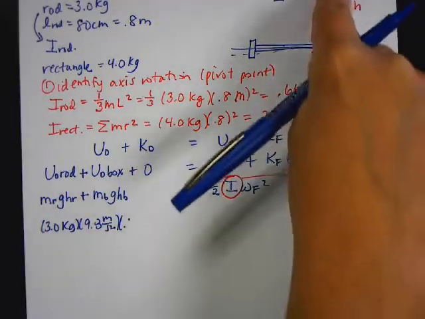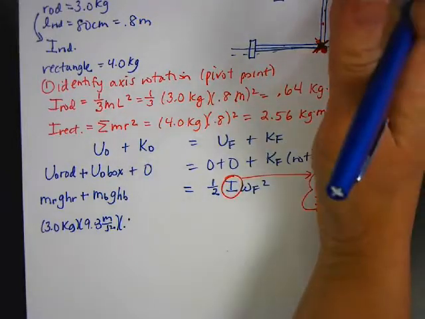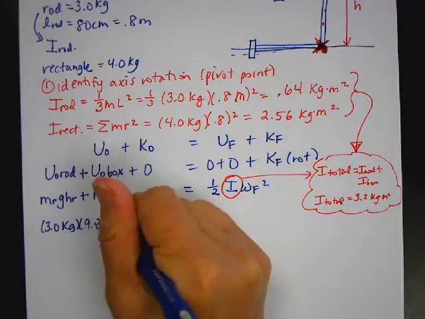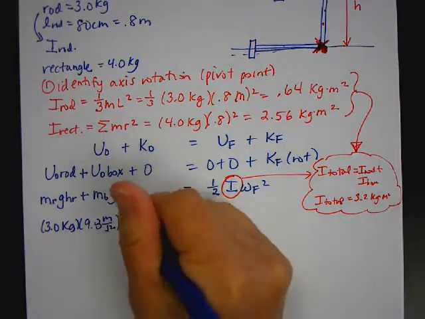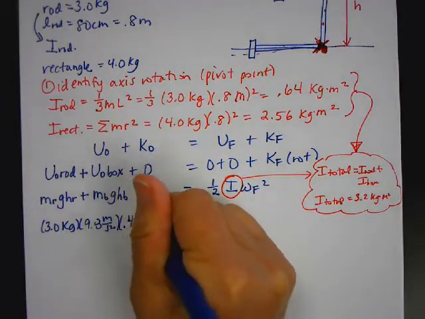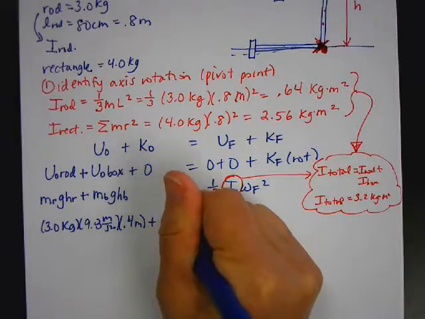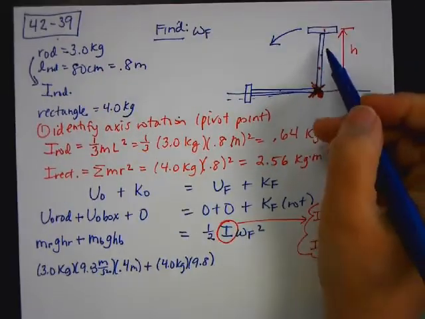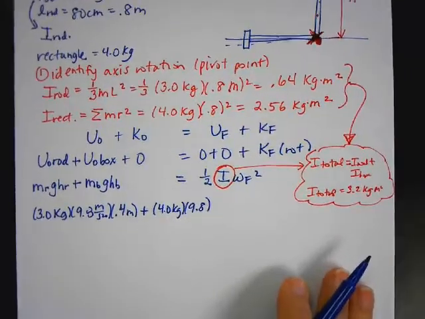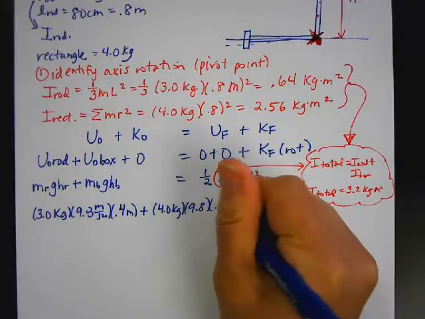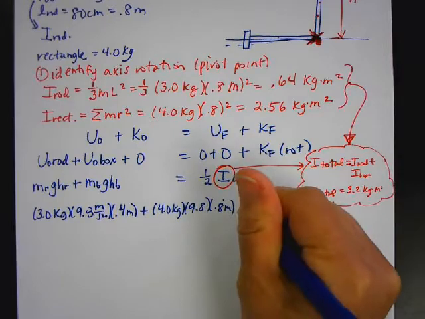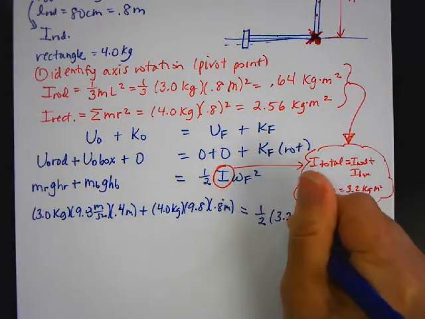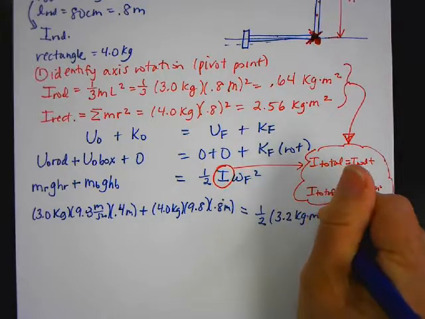Remember, when this is falling, it's acting from the center of mass, so that would be half of that height, which is 0.4 meters, plus the mass of the box times gravity times, now the box is the whole height, so that would be 0.8 meters. And that's going to be equal to 1/2 times 3.2, the total moment of inertia of the system, times omega F squared.